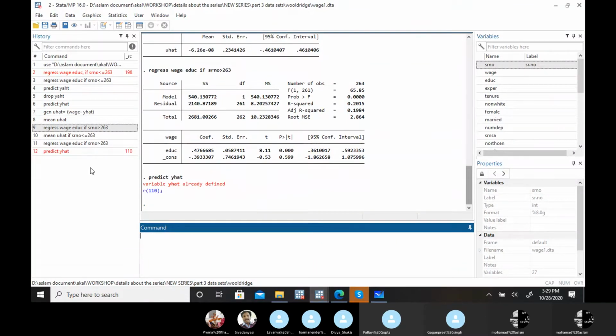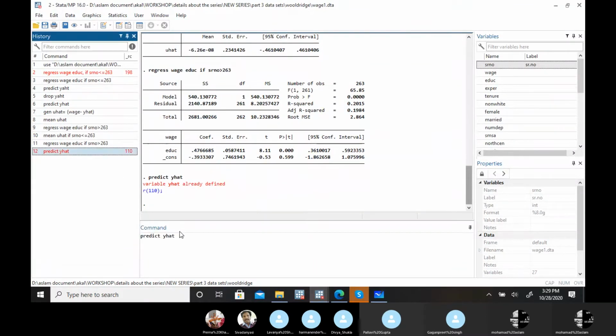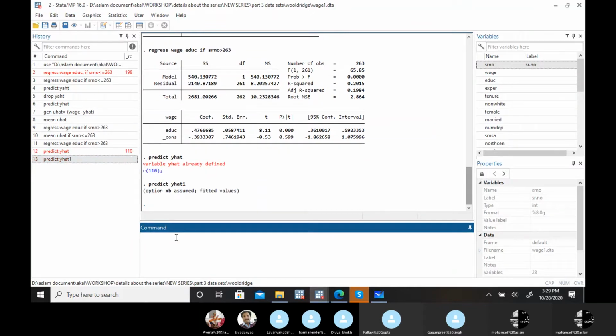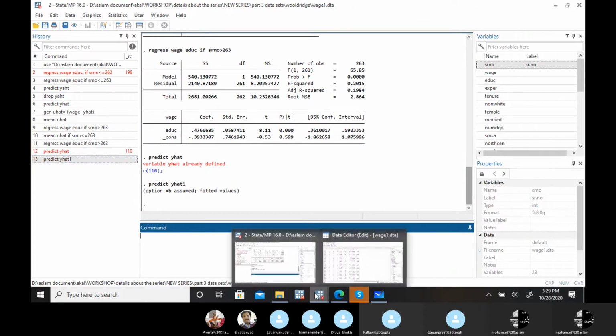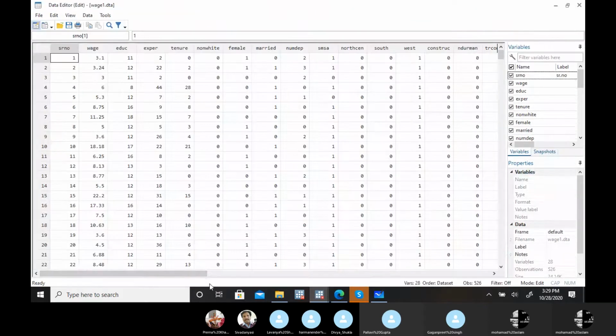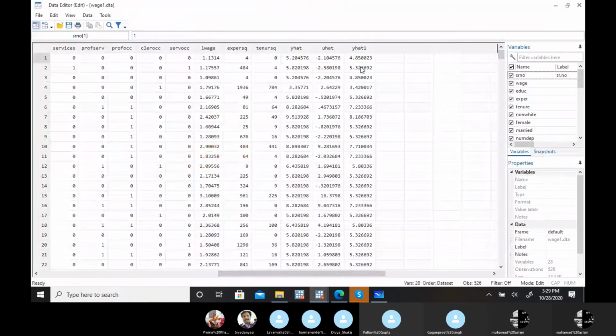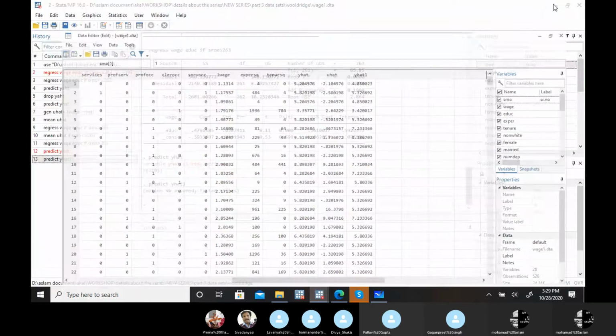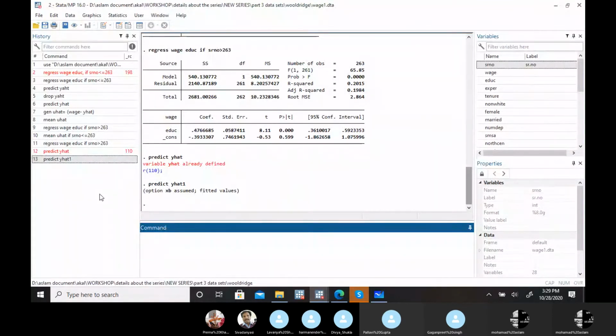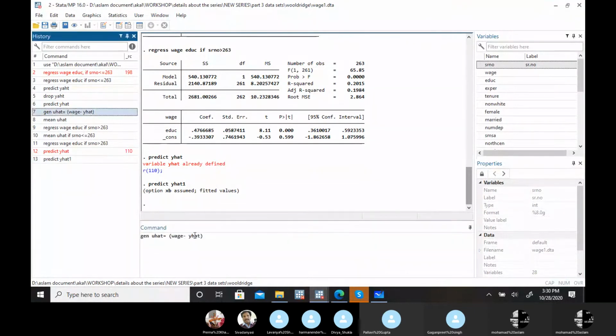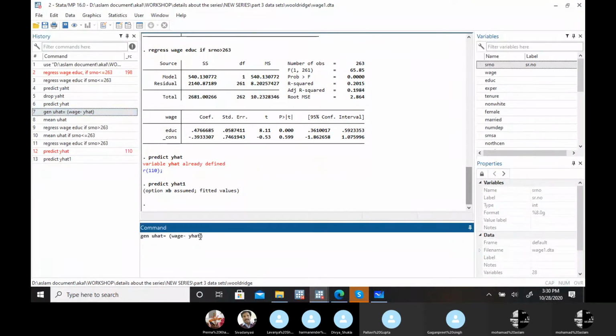I think y hat is already there, so in place of y hat, I'll say y hat 1. Now we have a new y hat. This y hat is based upon the other 263 sample size. Now generate u hat again. Here in place of y hat, it's y hat 1 and u hat 1.